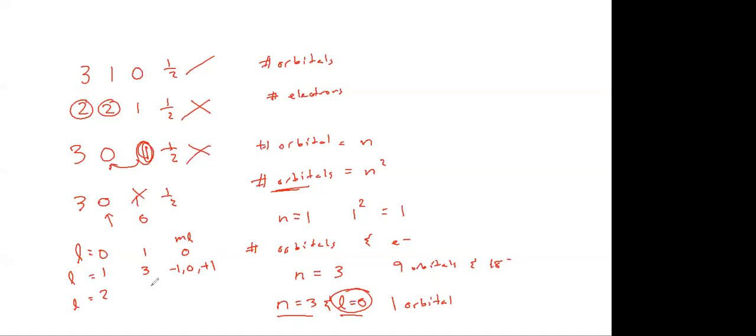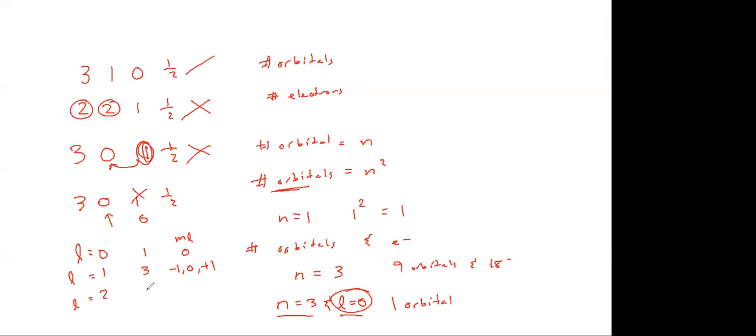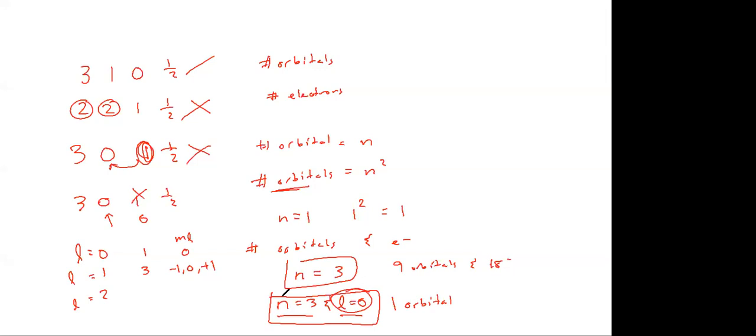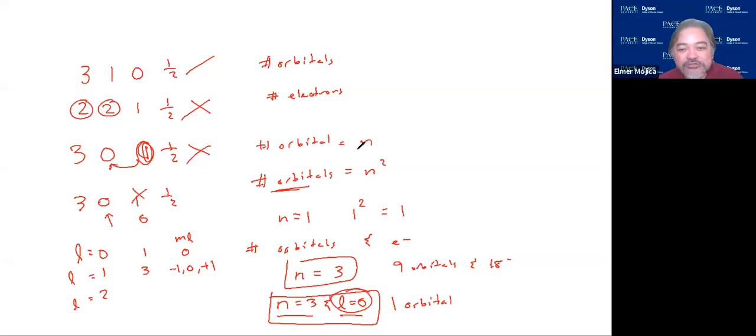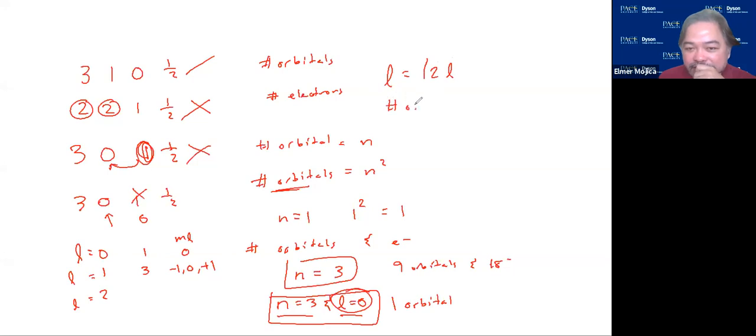This is a little bit confusing, so be careful. Because the thing is, you're not going to get the same question. Some of you might have a question like this, and some of you might have a question like this. But the question being asked is, how many orbitals are there when this is given? So is it still 2 times L plus 1? Yeah, 2 times L plus 1 for the number of orbitals when L is given.